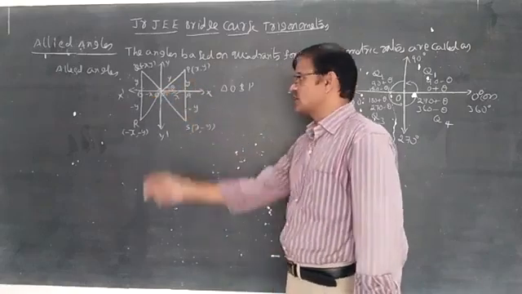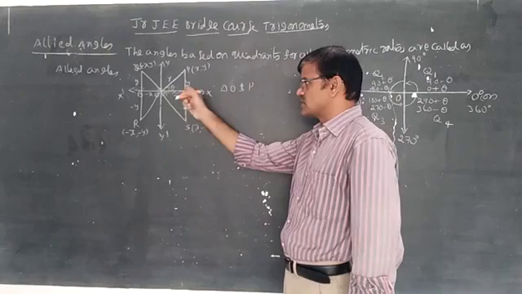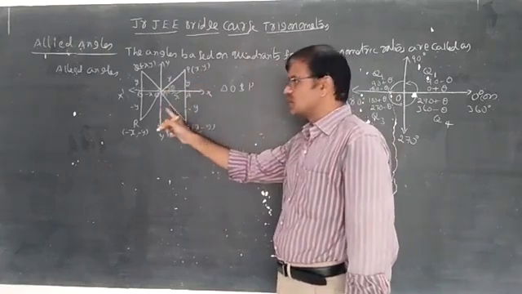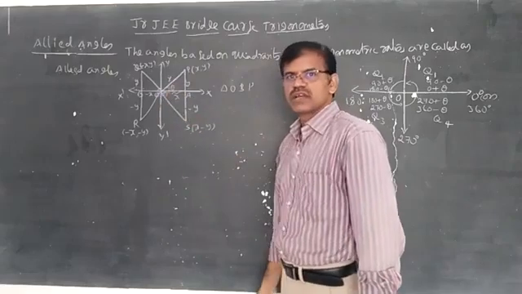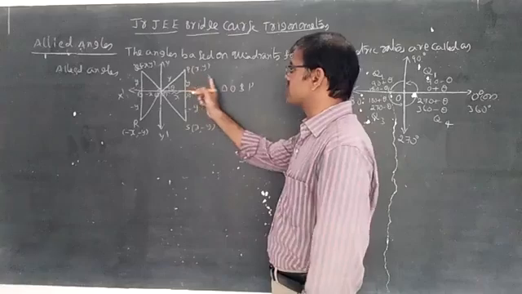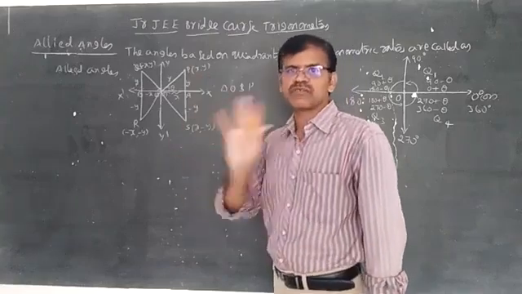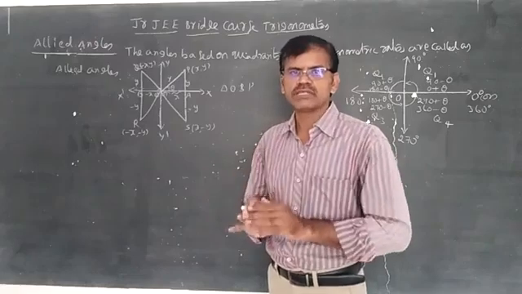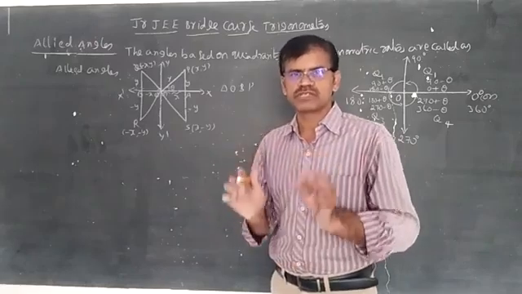Yesterday we have discussed tan theta is equal to y by x and cot theta is equal to x by y. Cosecant theta is equal to r by y. Secant theta is equal to r by x. Like that we discussed. Because it is plus, it is always plus in first quadrant. That is the formula of All. The All means all trigonometric ratios are positive.